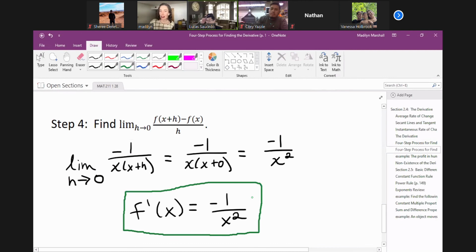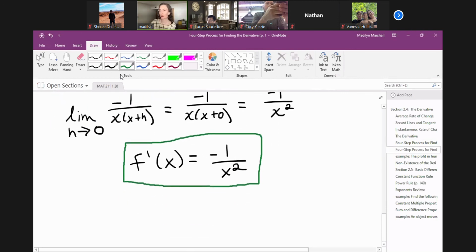Why do we call derivatives primes? That is a good question, and I don't have the answer to it. Well, we can talk about this now. There's actually a few notations to use for derivatives, and this is just the first one that we introduce.